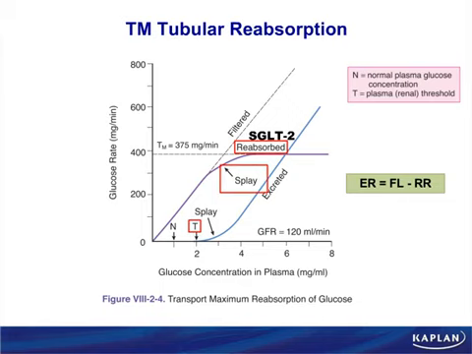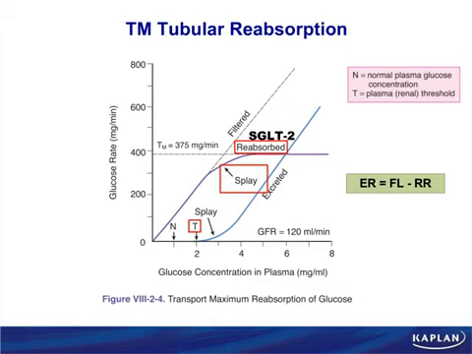We call that splay. Splay is a region at which some of the SGLT2 carriers are saturated, but not all. Splay is a region at which glucose is excreted in the urine, but not all of the carriers are saturated. Transport maximum. Remember the definition, a very important definition to understand.